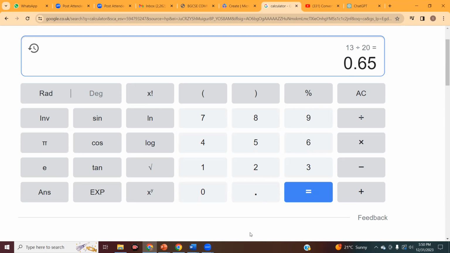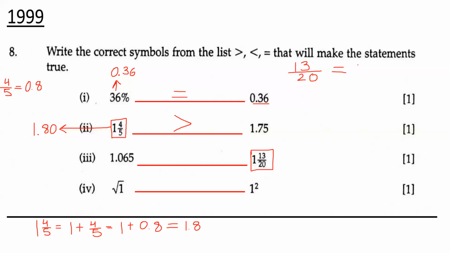So let me show you what I mean. We have 13 over 20, which is equal to 0.65, like we saw. And now we have 1 and 13 over 20. What is 1 and 13 over 20?